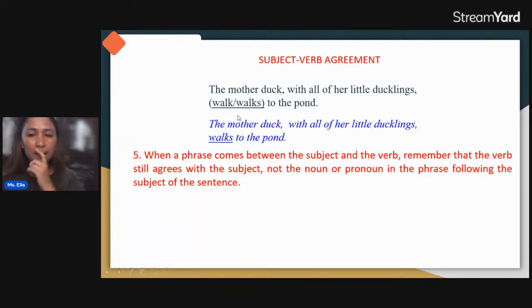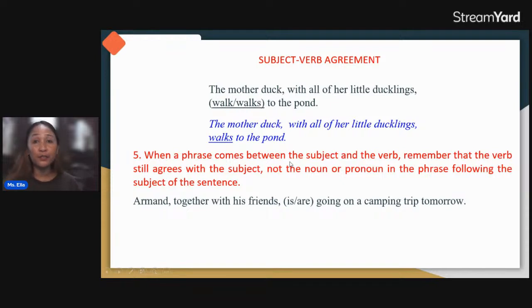Whatever the subject is, singular or plural, the verb must depend on the subject. That means the mother duck is singular, therefore the verb should be in singular form also, walks. Okay, how about this one?